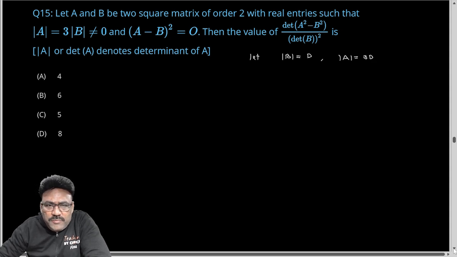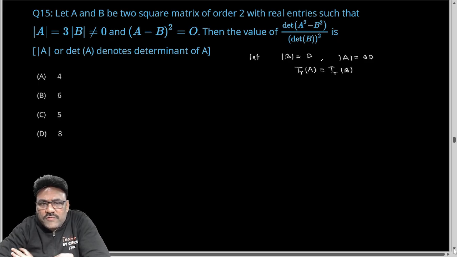And since A minus B whole square is given 0 here, from here I can claim that the trace of A will be the same as trace of B.